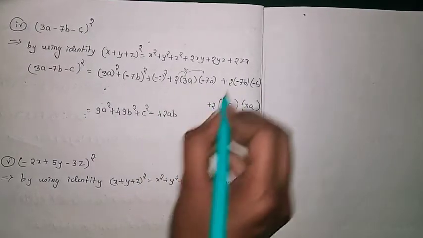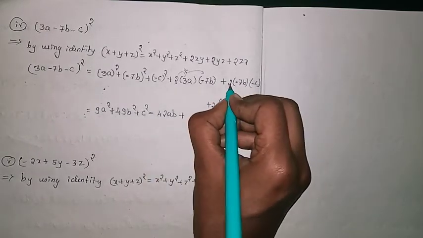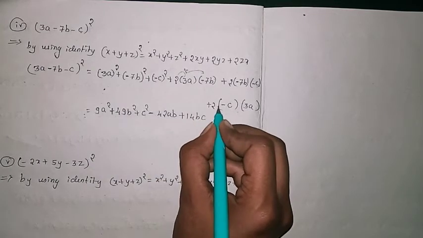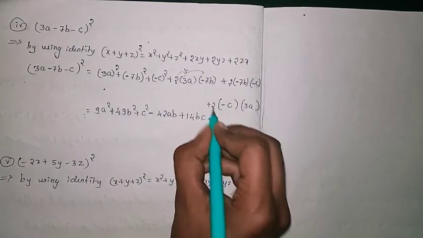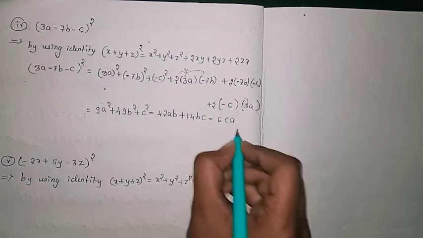Minus into minus is plus, plus into plus is plus, so 7 2s are 14bc. Plus into minus is minus, 3 2s are 6, so 6ca. So this is our final answer.